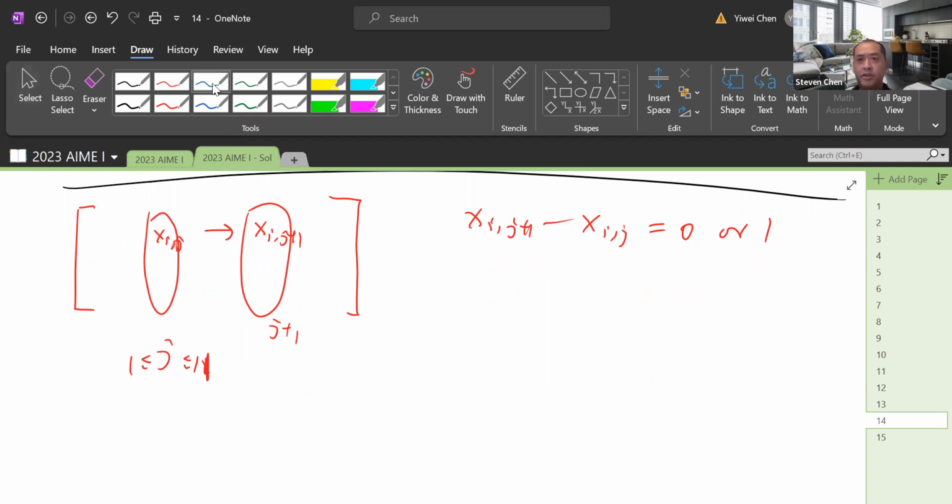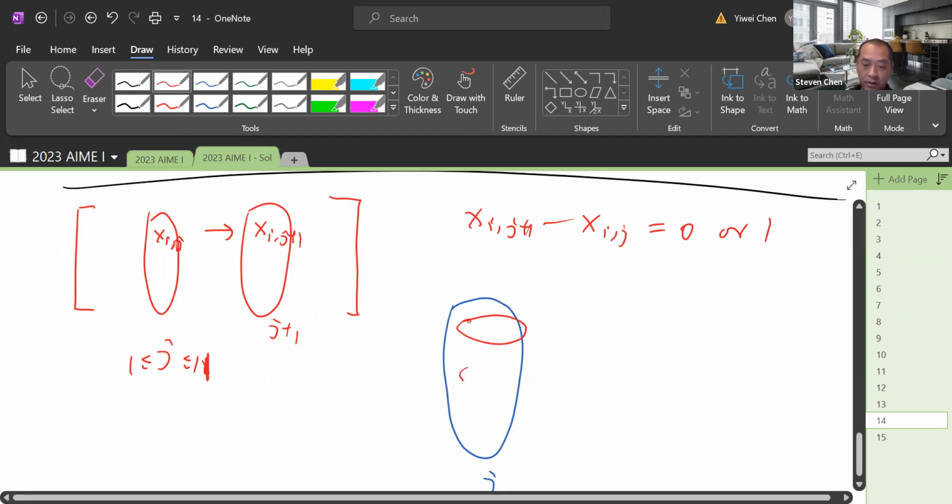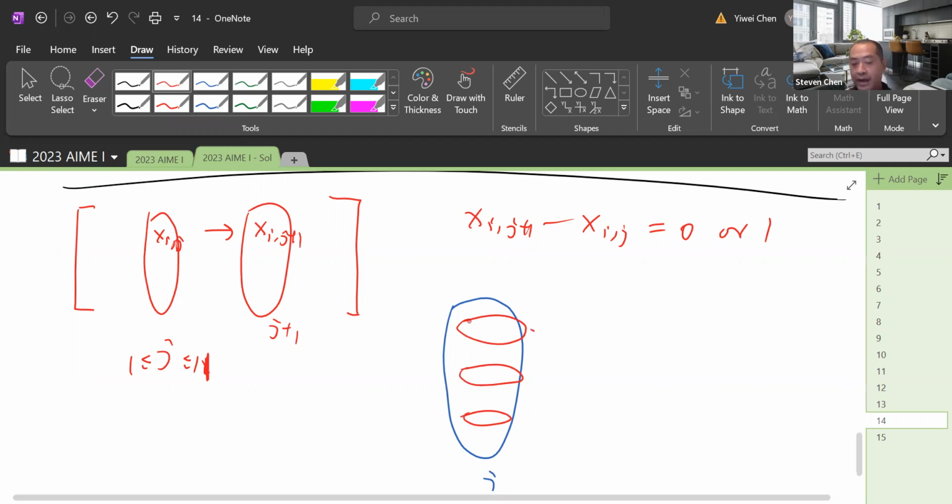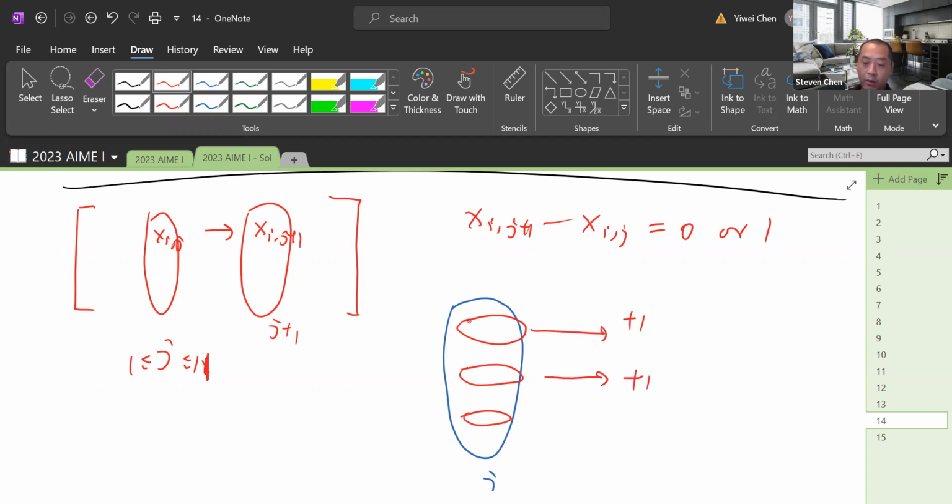So let's look at column J. Suppose that the synchronized movement property doesn't hold, which means that we have some entries here. Say, for instance, we have some red entries whose values are increased by 1.